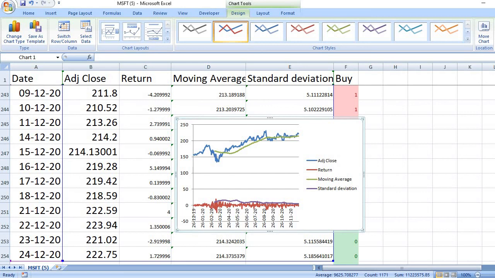While analyzing the graph also you can see that if the closing price is more than the average price, we are not going to purchase because it is trading at a premium. And if the closing price is moving below the average price, we are going to purchase.